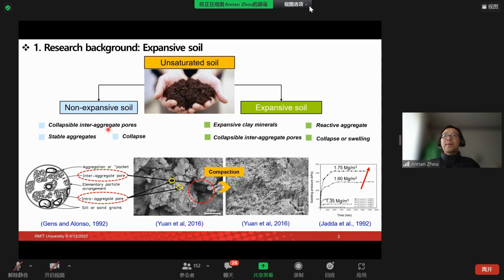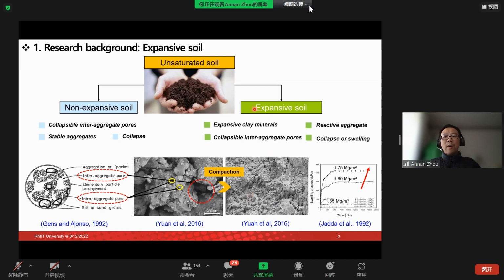When the non-expansive soil is soaked with water, the suction that supports the stability of the interaggregate pores reduces, and therefore the wetting collapse behavior can be observed. But after proper compaction, or let's say consolidation, we can pre-compress the interaggregate pores and therefore effectively prevent the collapse of the soil in wetting events.